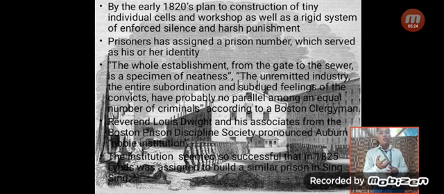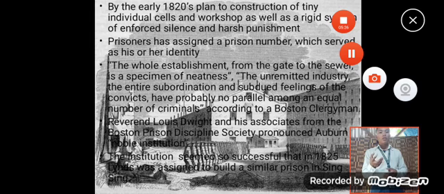Each entering convict was assigned a prison number which served as his or her identity. Movement to and from the workshops was performed in a regimented manner known as the lockstep, which called for prisoners to march in a military style human chain.